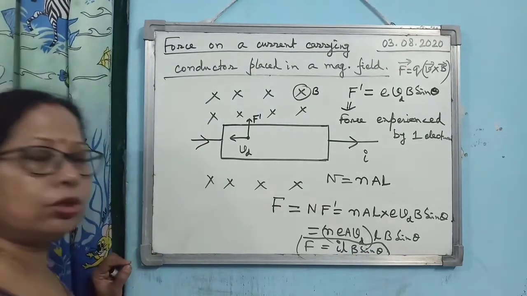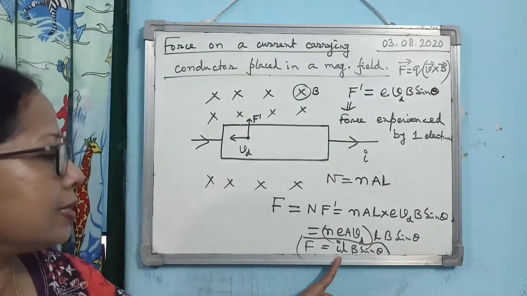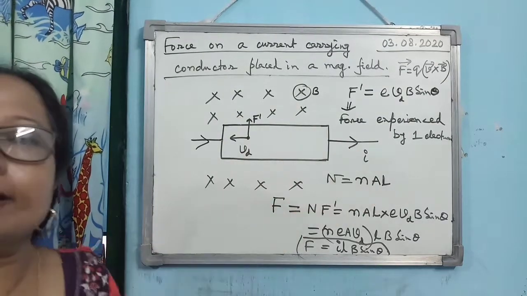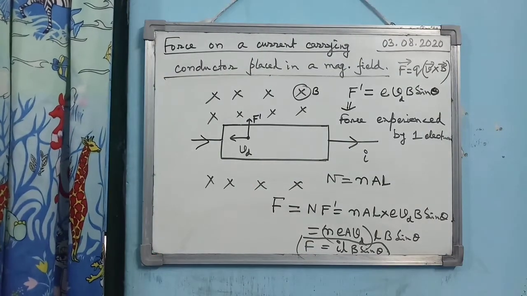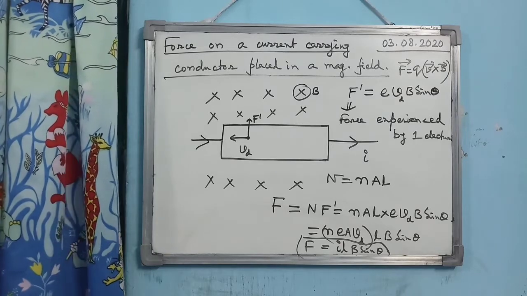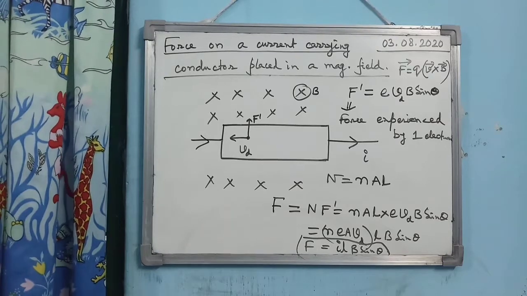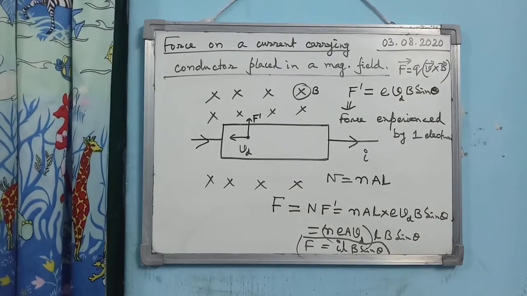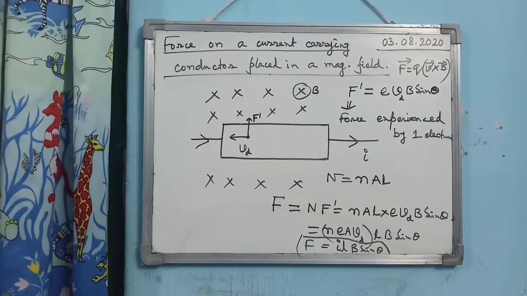It is equal to I L B sine theta, where I is the current passing through the conductor. So this is the way you can find the expression for the force experienced by a current carrying conductor placed in a magnetic field, applying the concept of Lorentz force. Kindly learn this derivation, everyone, for your exam.